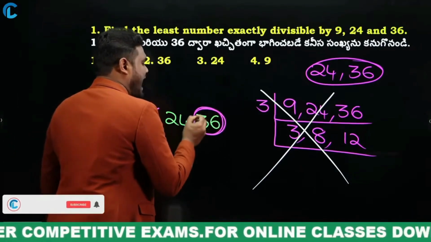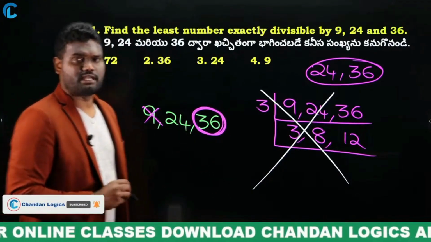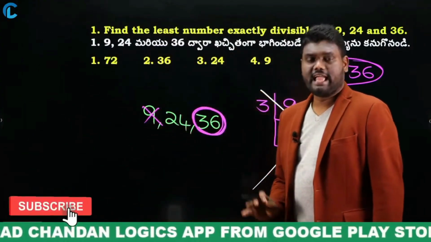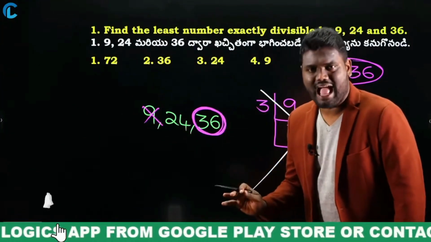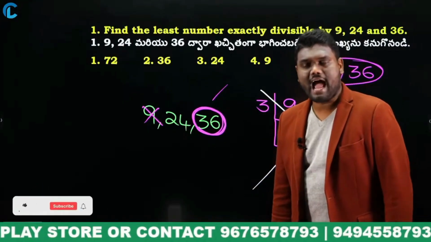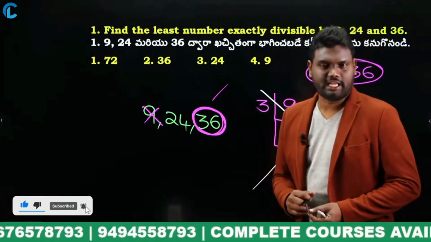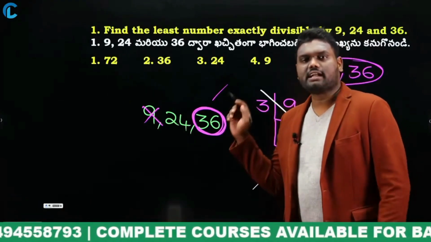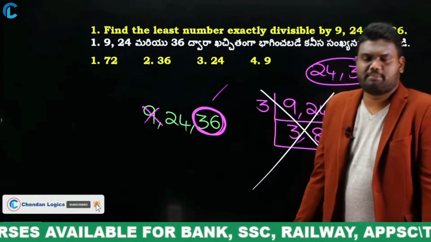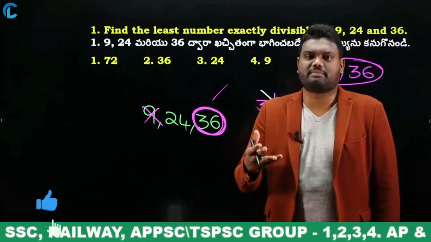Now observe carefully, I am going to share an important point with you. Most of the times, LCM should be either the highest number or a multiple of the highest number. Is that clear? Multiple of the highest number means 36 one time, 36 two times, 36 three times, 36 four times, like that.